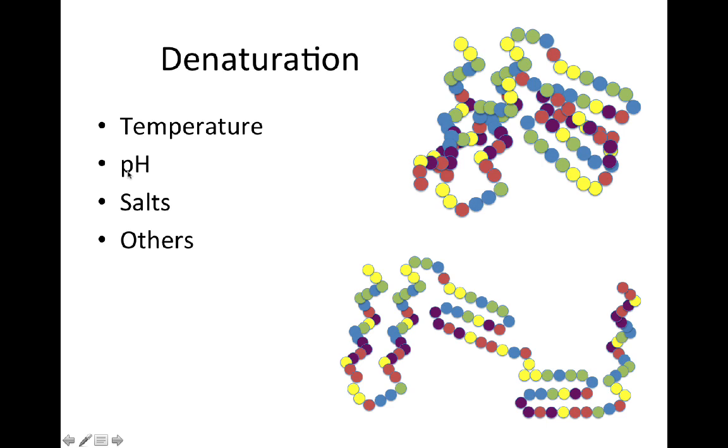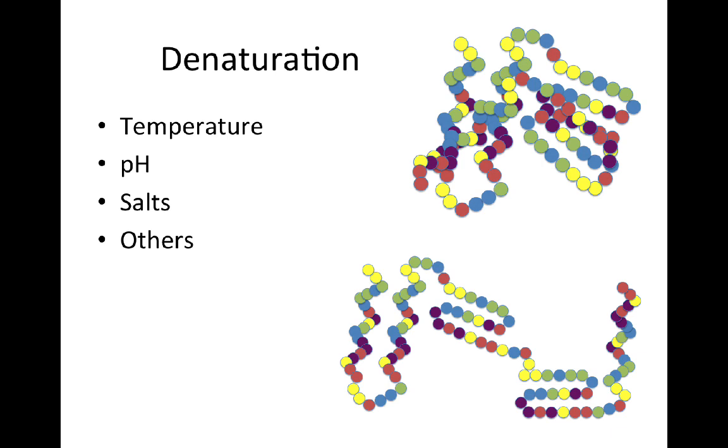There's changing the acidity of the environment, so your stomach acid can denature some proteins as well. Salt content, organic solvents, and other things can also do that. But temperature and pH are usually the two big ones that people generally think of.